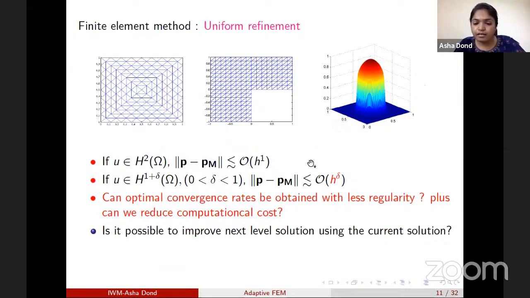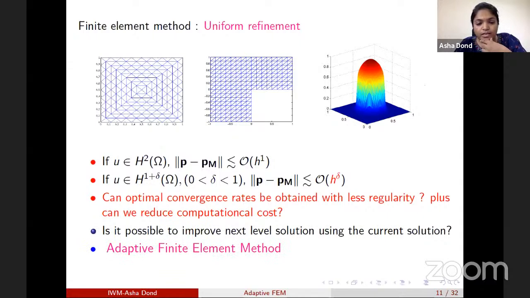Can we reduce this computational cost? Also, in the finite element method, generally when we refine the mesh, every time we solve the problem and get a new solution, we are not using the previous level solution. The question is, can we use that previous level solution also?